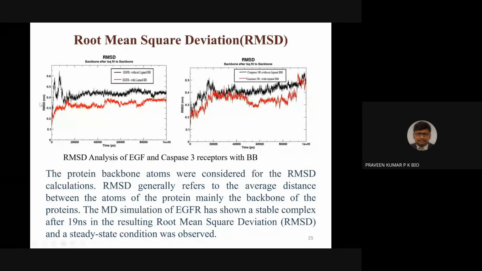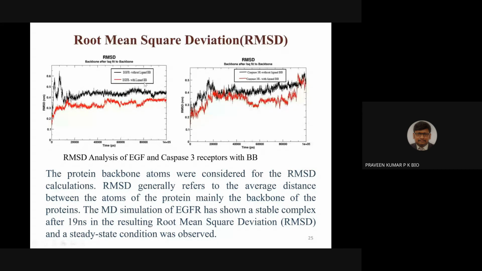So if you want to infer the results of RMSD, if you have a minimum RMSD, you can tell that it is stable. After docking BB with EGFR, you find the RMSD is less when compared to without ligand, isn't it?